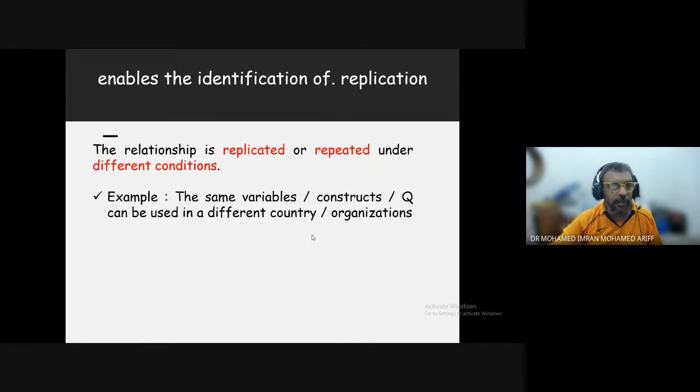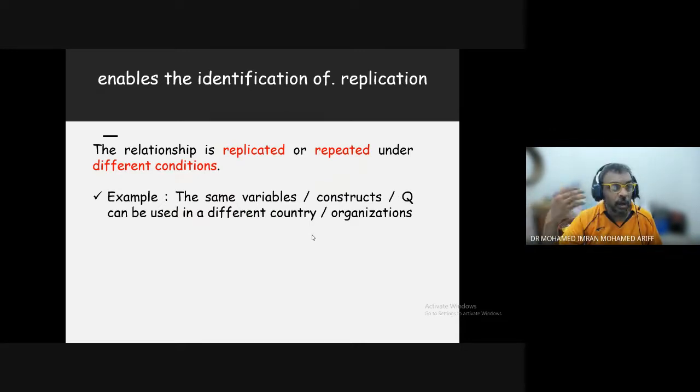And then replication. The relationship is replicated or repeated under different conditions. For example, the same variables, constructs or questionnaires can be used in a different country or organization. So you can replicate the same thing in different places. This is very important when you are writing your conclusion. You want to generalize.